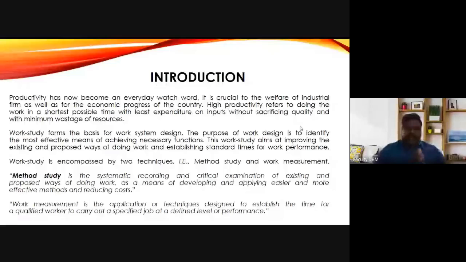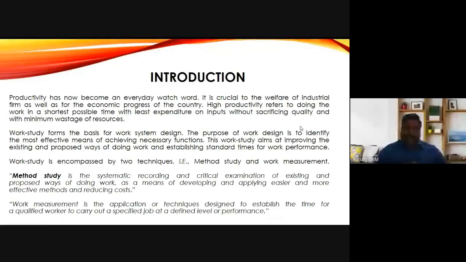So here we are going to record that, then we are going to see whether delays are happening or any mistakes are happening, then we are going to reduce them, and find more effective methods and reduce the cost. So our main idea is to increase the profits. In order to increase the profit, no need to raise the prices. If you reduce the cost and maintain the minimum wastage of resources, then the profit will automatically be higher.